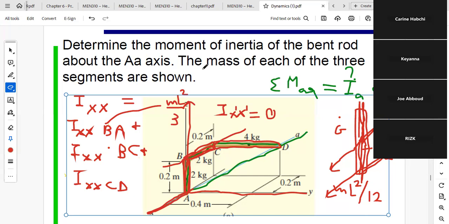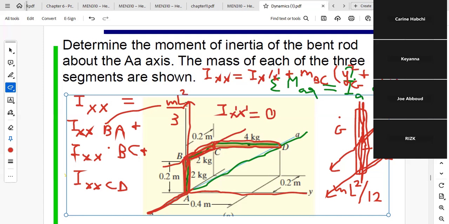It states that Ixx is equal to Ix prime plus the mass of my rod BC, so plus MBC, times, as we have seen together, YG square plus ZG square.